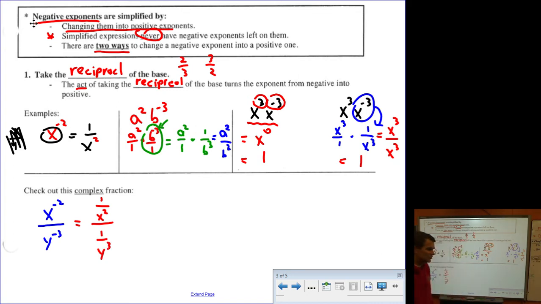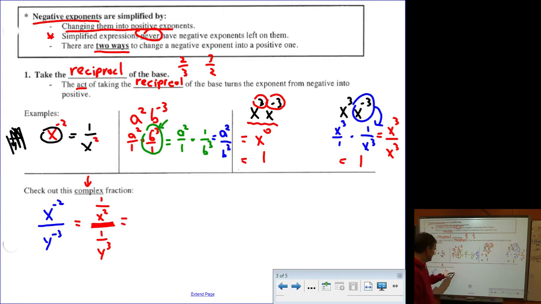So now I have this crazy looking fraction, and this crazy looking fraction is what we call a complex fraction, because it's a fraction that has a fraction in the numerator and the denominator. And how do we simplify that? Well, if you remember, a fraction bar here just means divide.